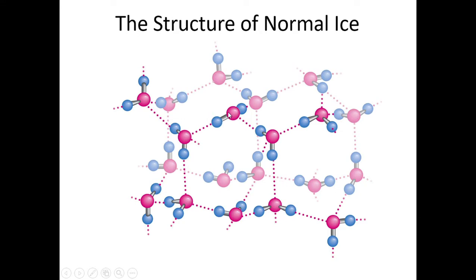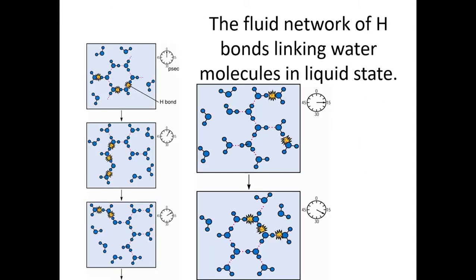And we have these layers stacking upon layers. So we have interactions with this oxygen, with the hydrogen in a layer below. If we had a depiction of a layer above, we would also see another interaction there. But this is what leads to that open lattice structure of ice.